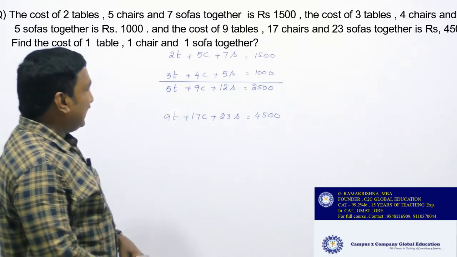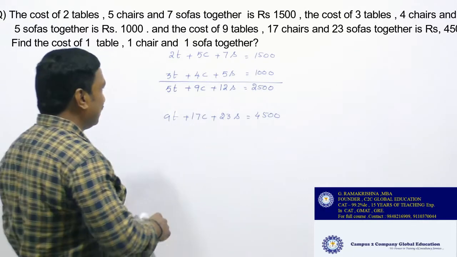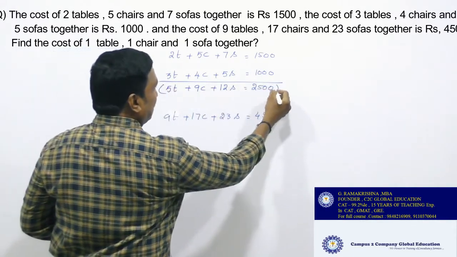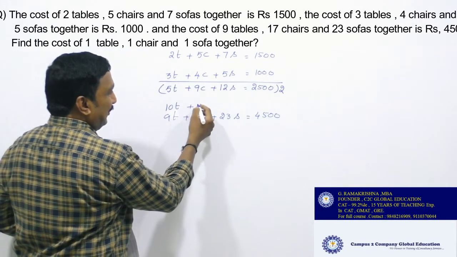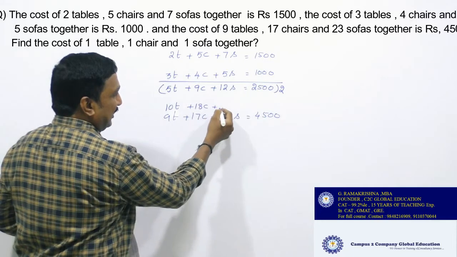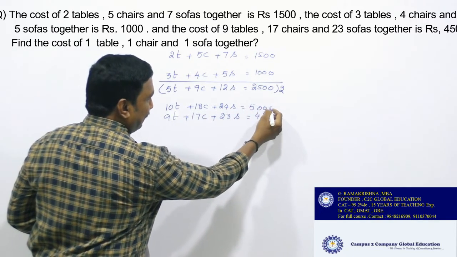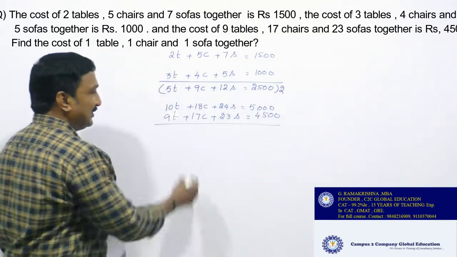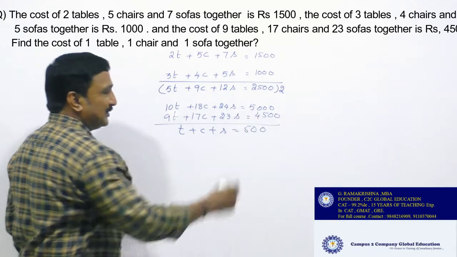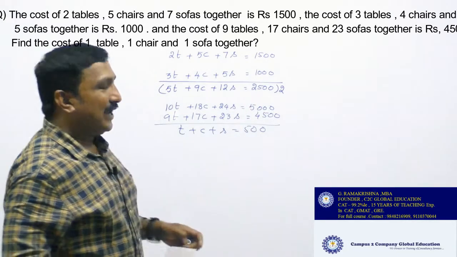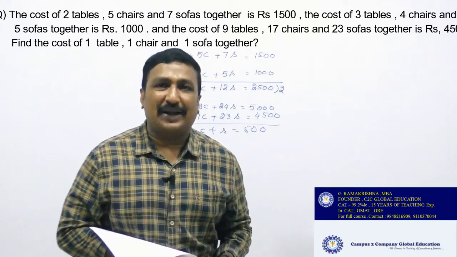Then I will multiply this equation by 2 and subtract the third equation. This equation multiplied by 2 gives 10t plus 18c plus 24s is equal to 5000. Then subtract the third equation, friends. I will get t plus c plus s is equal to how much? 500 rupees. Like this we have to solve the 3 variable equations and 2 variable equations. The only thing is, by practice you will get it, friends.